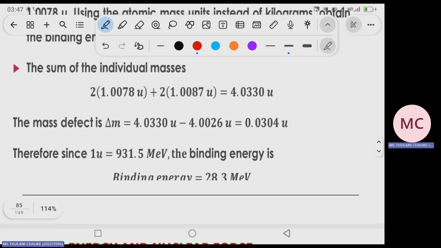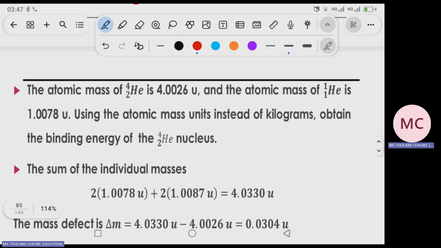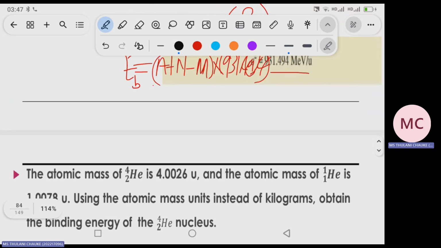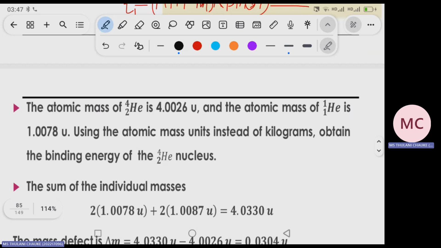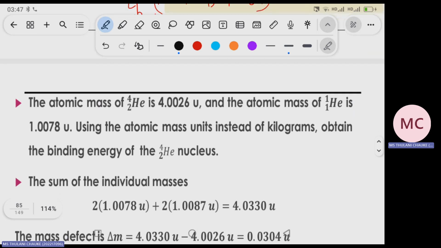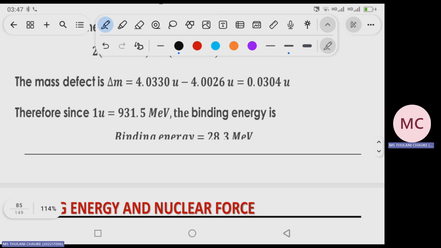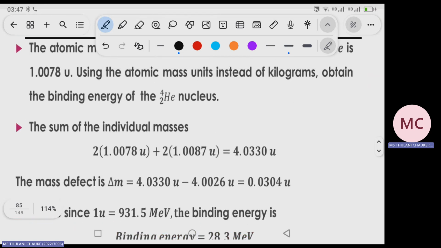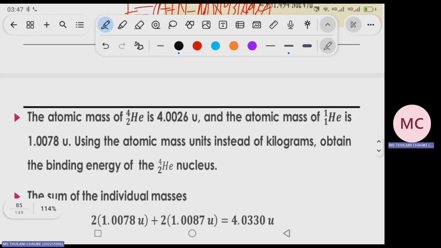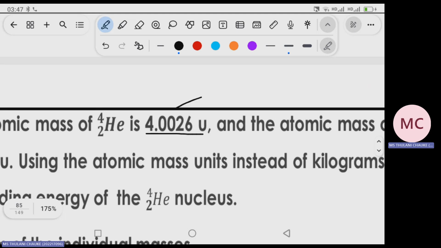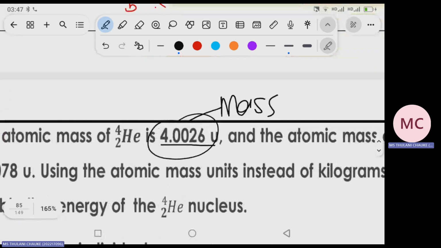If they give you the mass with the units being U, the atomic mass unit, this is the mass of the element helium.